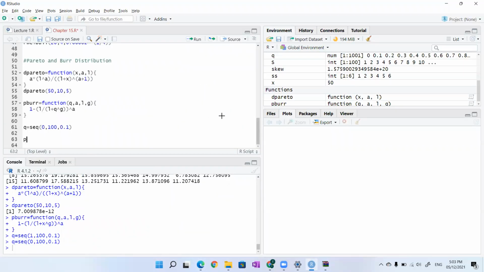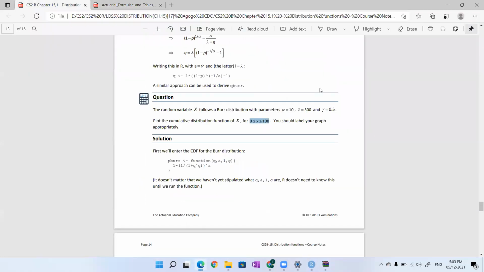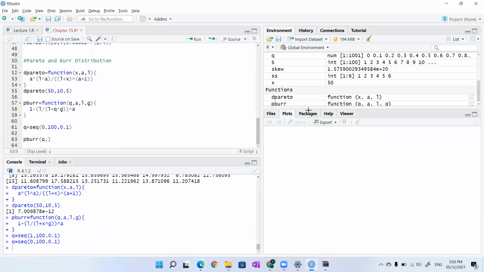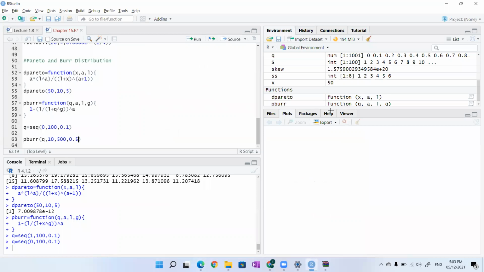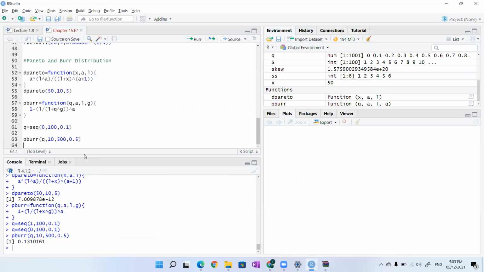Now let me calculate P Burr for each and every value of Q. So P Burr, okay, P Burr, your Q alpha, let's see, according to alpha is 10, lambda is 500, and your G gamma is 0.5. Okay, तो हो गया, P Burr मिल गया. So why it's coming for a single value?